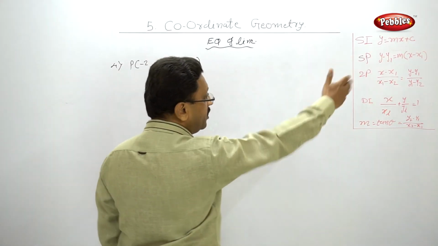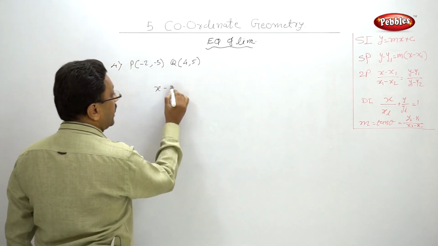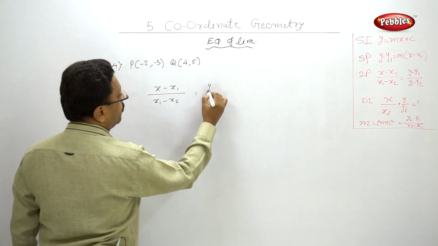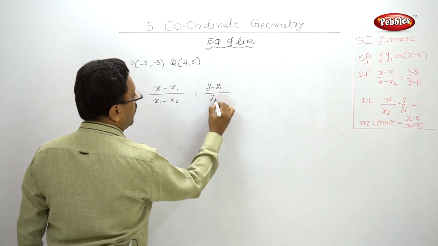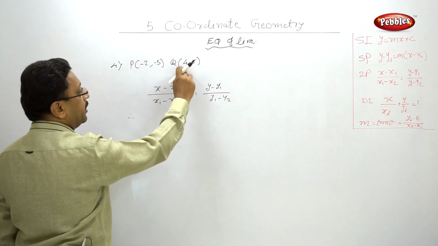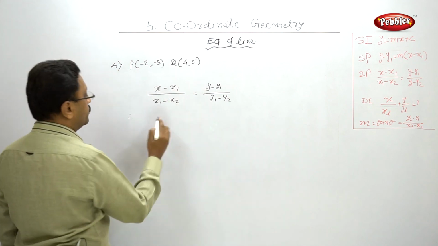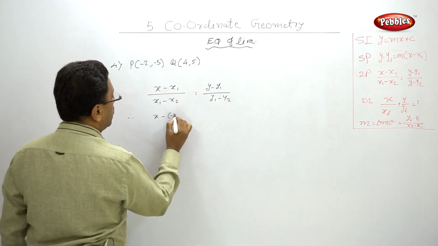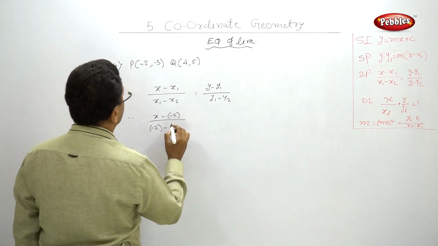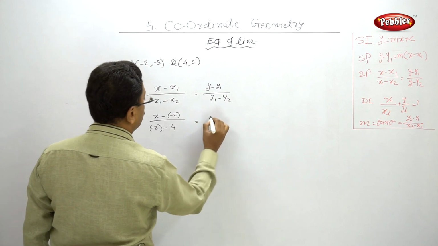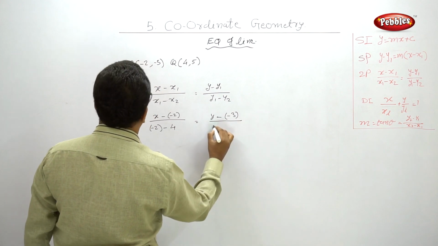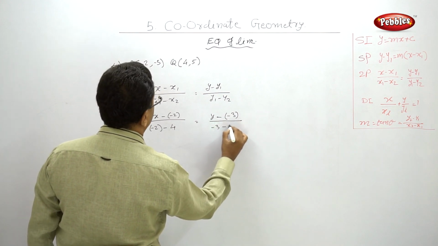What is the 2-point formula? x minus x1 upon x1 minus x2 is equal to y minus y1 upon y1 minus y2. So we have x1, y1 and x2, y2. So x minus x1 upon x1 minus x2 is equal to y minus y1 upon y1 minus 5.